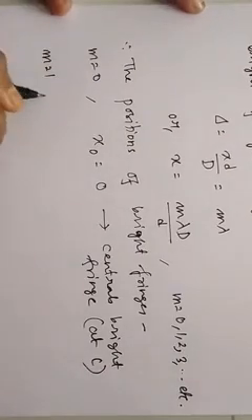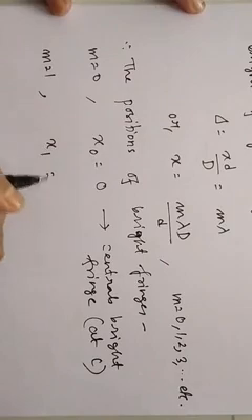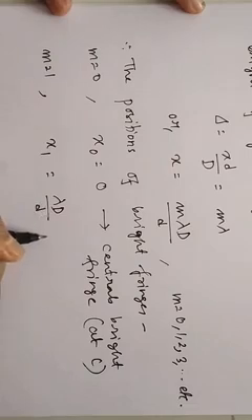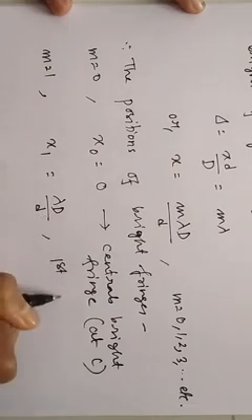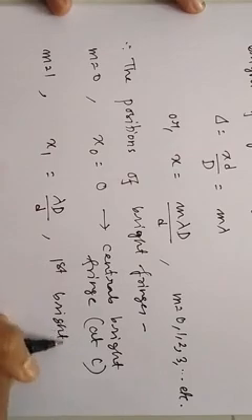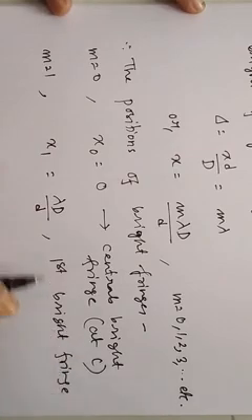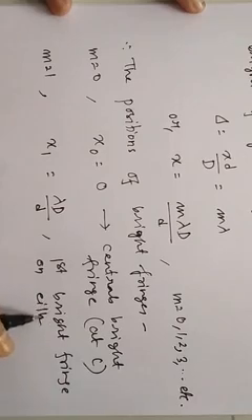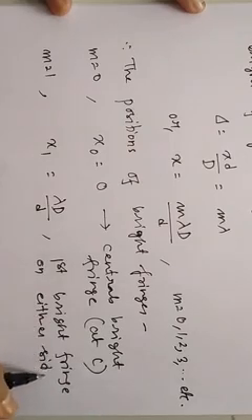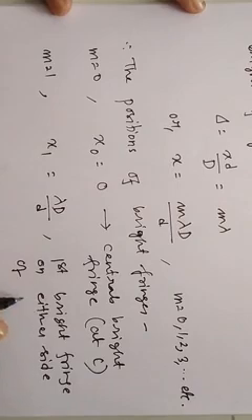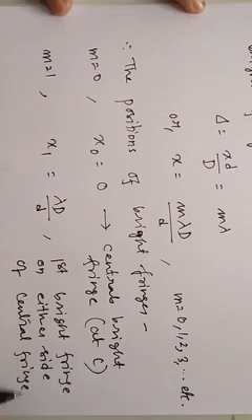Then for m equals 1, we get the first bright fringe at a distance lambda D by d, so first bright fringe on either side of the central fringe.